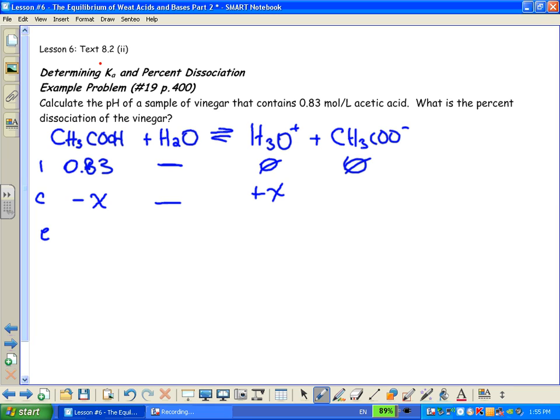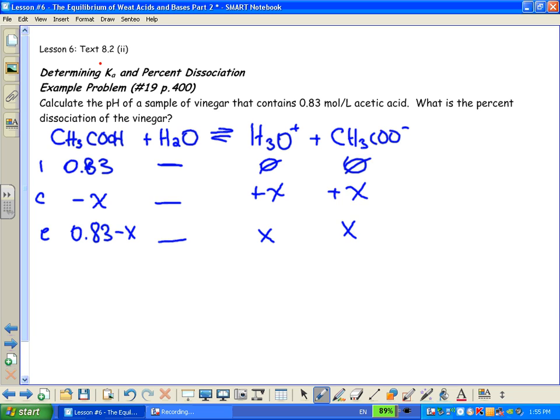So this would be plus x, and this would be plus x. Therefore, at equilibrium, we're going to have 0.83 minus x. We're going to have x and x. So that would be your ICE table right there.